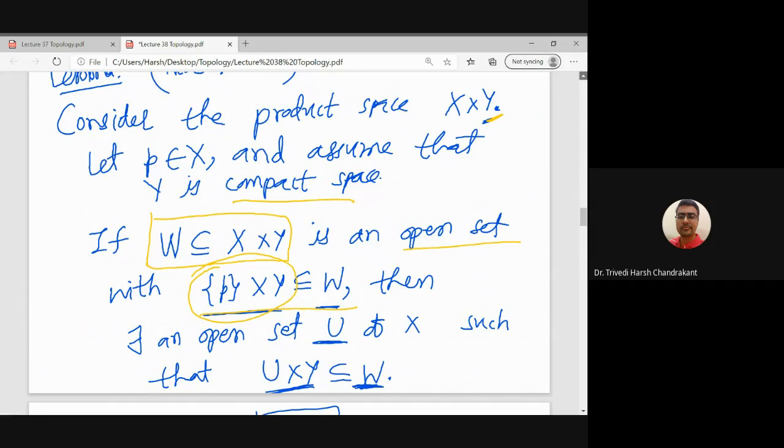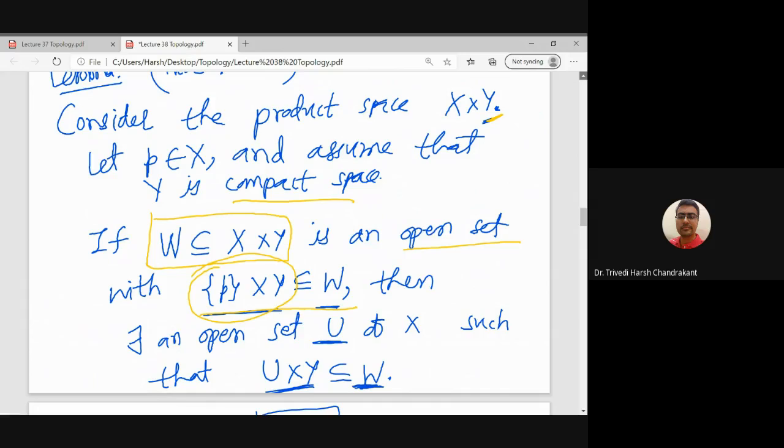It means we are fixing X equal to P, and X equal to P in R2 is nothing but the vertical line. So if the vertical line is a subset of W, then I can find a subset U on the X axis such that U cross Y is a subset of W whenever Y is compact.